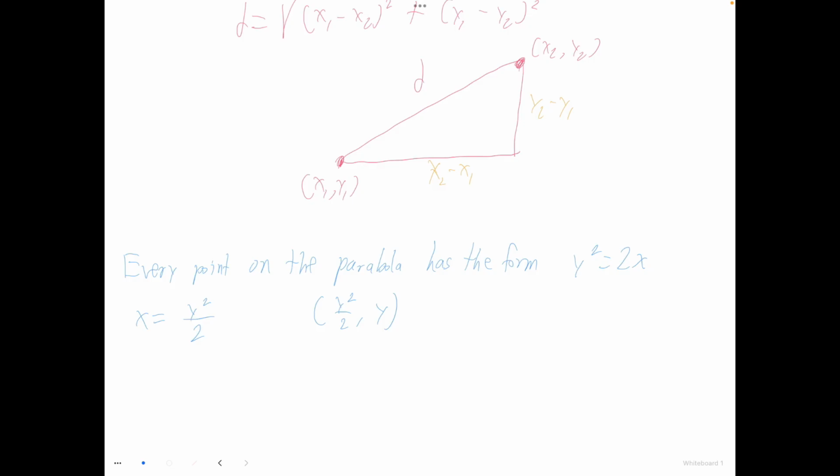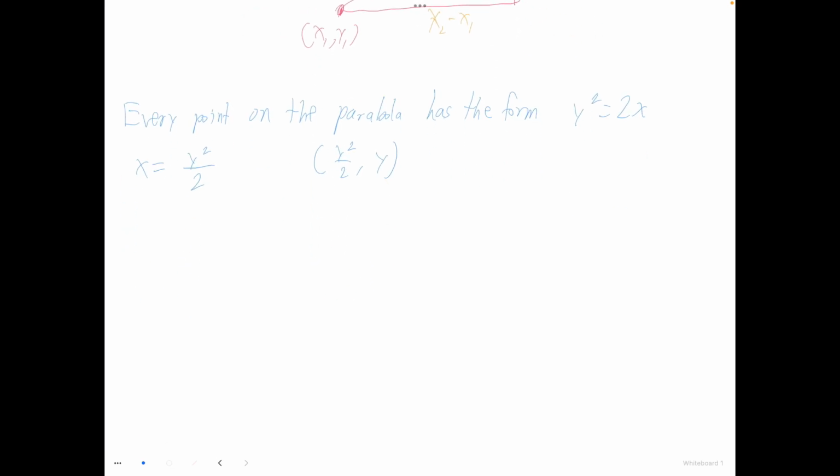And so we're going to plug that in for a point on the parabola, and then our other point is (1, 4). So the thing we want to minimize is d equals the square root of the x-coordinate, which is 1/2 y squared minus 1.